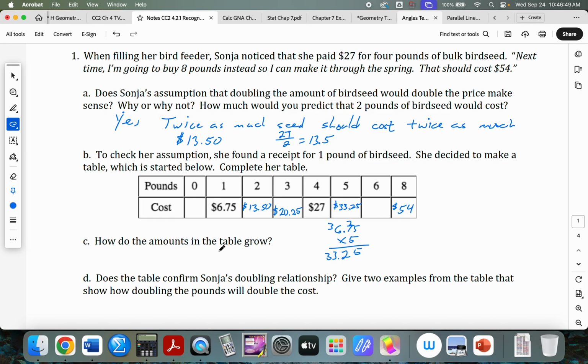Yes, sir? Also, I think you did your math for multiplying 6.75 times 5 wrong, because it's 33.75. Carry the 2. I don't think so. Hang on a second.